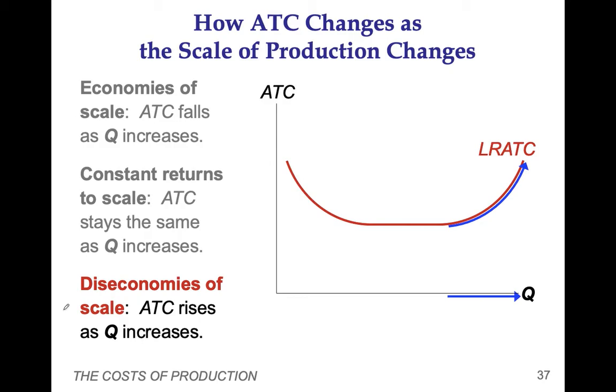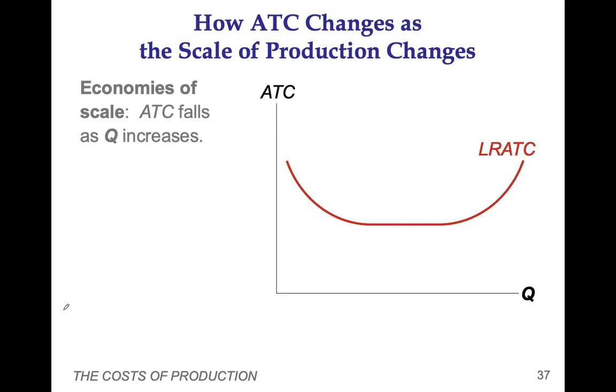In the long run, at the beginning, the firm can benefit from the economies of scale, and these economies of scale make the firm produce at lower costs, and producing at lower costs makes the firm more competitive in the market because it can sell at lower prices. So it is good that the firm tries to benefit from the economies of scale.